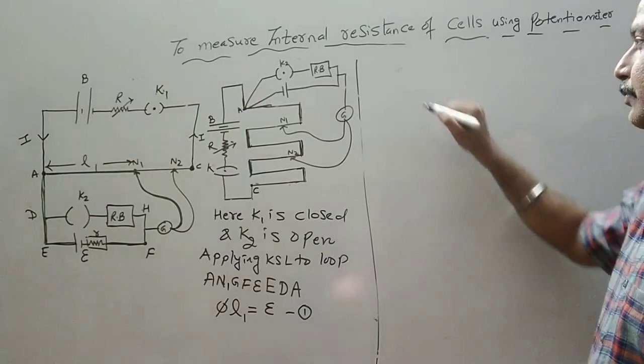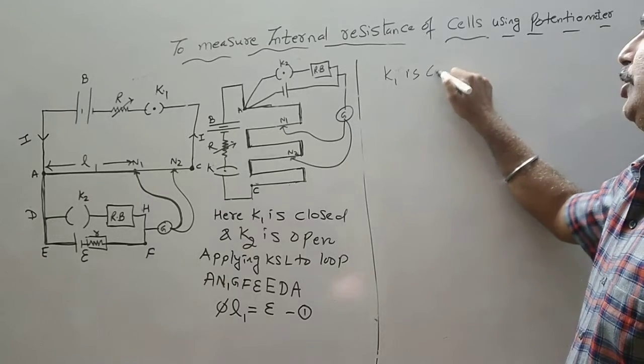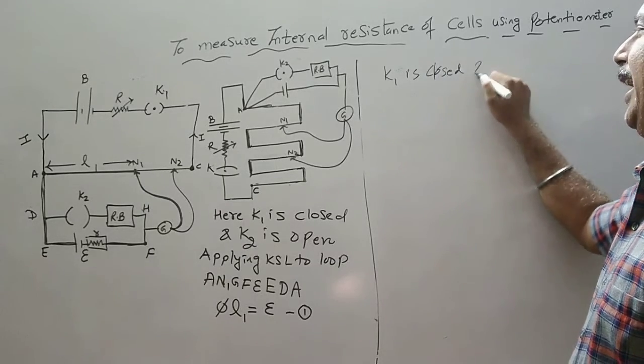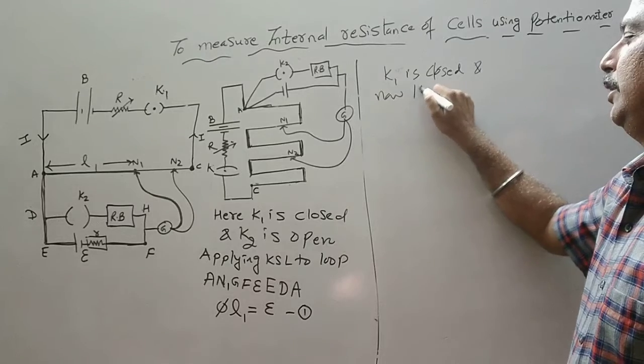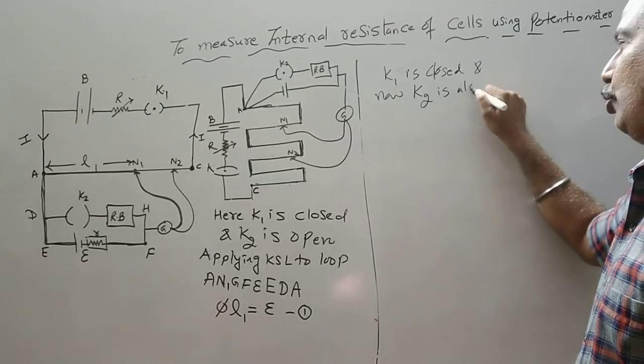Now in the second part, K1 is closed, and now K2 is also closed.